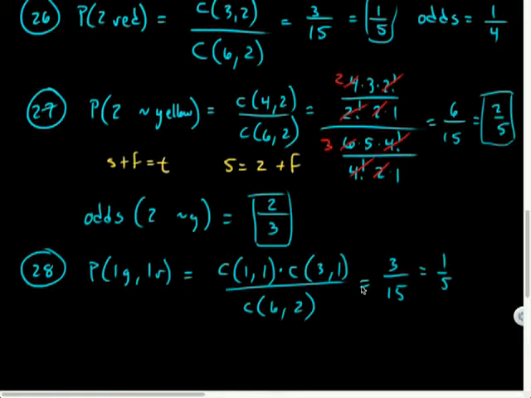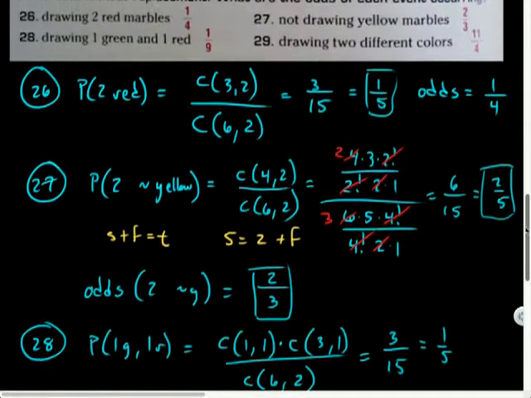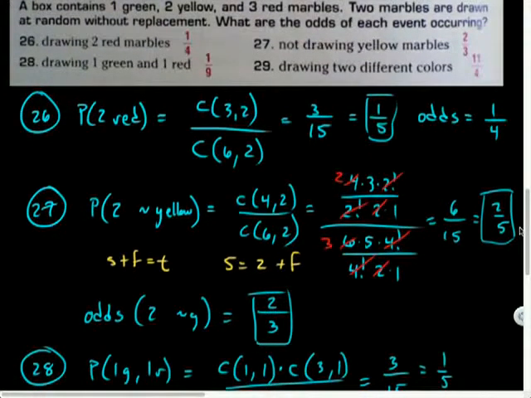Right, combo 3, 1 should be 3. Yeah, and there's definitely 1 green, and there's definitely 6 altogether, right? And 6 combo 2 is 15. And it's definitely using the word and, not or. There's only one way that can happen.